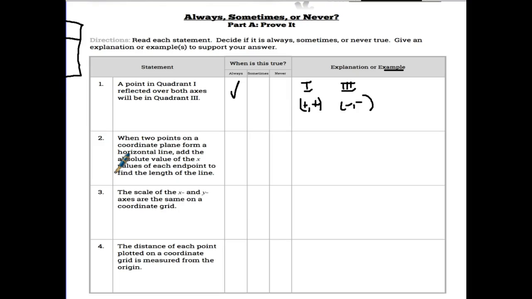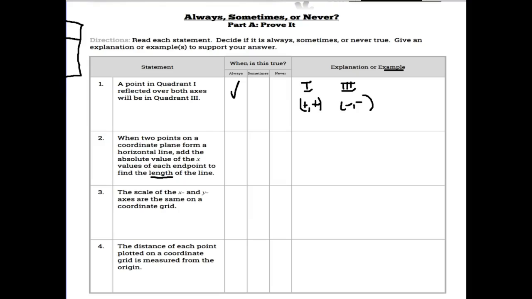Is that always true, sometimes true, or never true? Again, you want to refer to the coordinate grid and think about what we did in finding the distance. Finding the length would be the same thing as finding the distance. Okay?